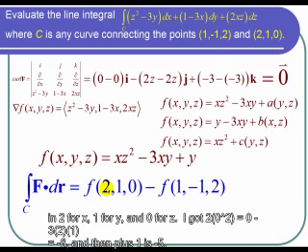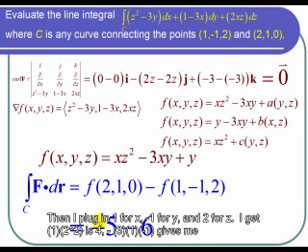So I plug in 2 for x, 1 for y, and 0 for z. And I get 2 times 0 squared is 0, minus 3 times 2 times 1 is negative 6, and then plus 1 is negative 5. And then I plug in 1 for x, negative 1 for y, and 2 for z.